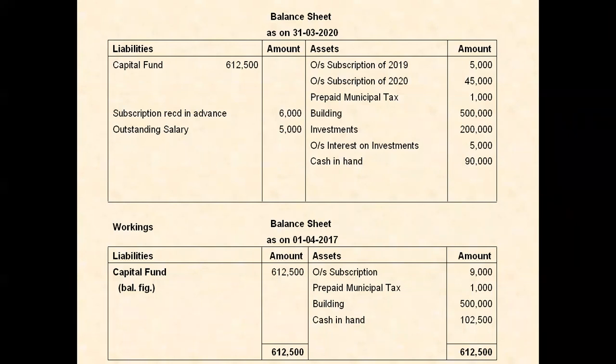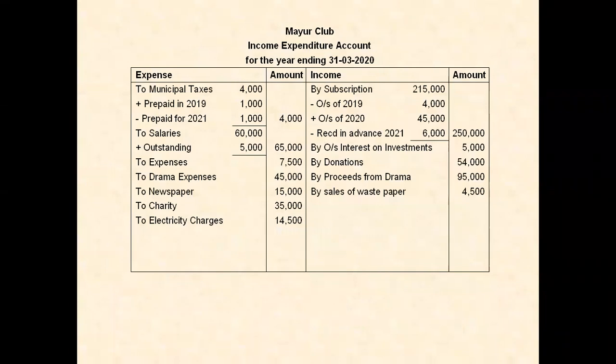Now I'm going to close the income and expenditure account. The total on the credit side is 4,08,500. Out of that, I'll deduct all the expenses. So the excess of income over expense, that is surplus, is 2,22,500.